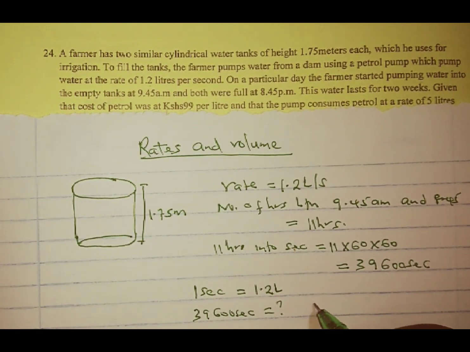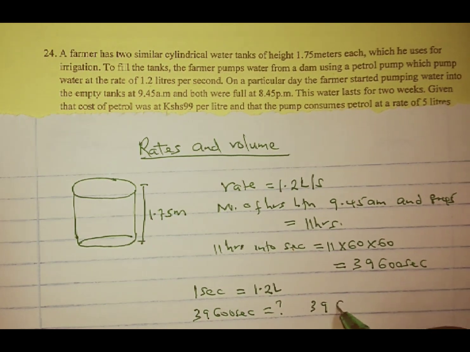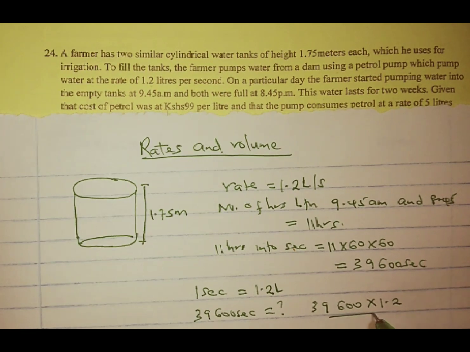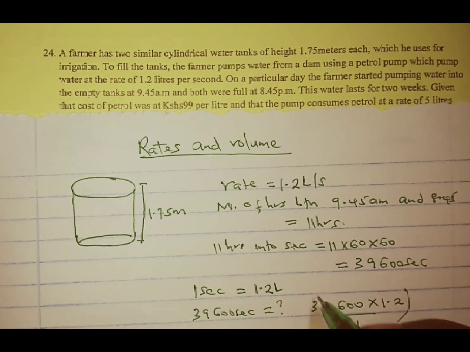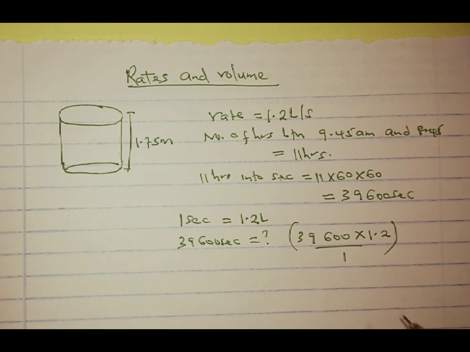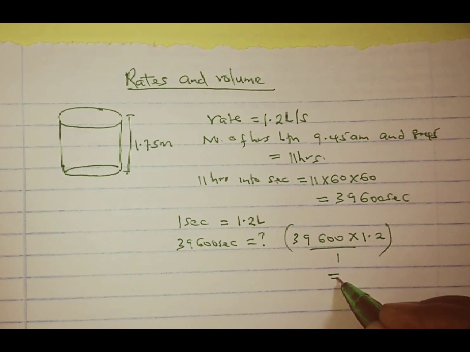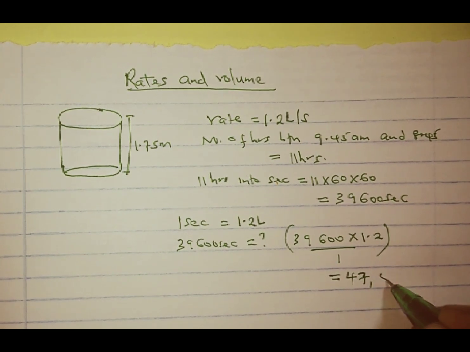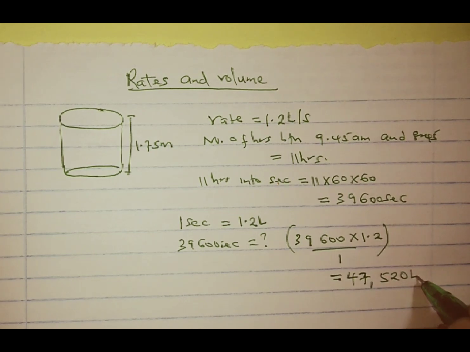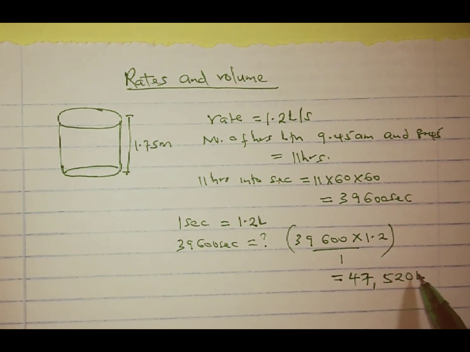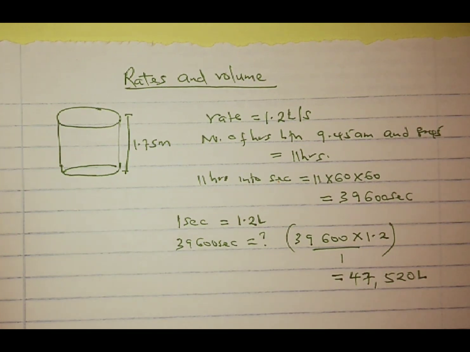So in 39,600 seconds, what volume do we have? If you cross multiply, we have 39,600 multiplied by 1.2 divided by 1, and this gives us a volume of 47,520 liters. This is the volume delivered to both tanks.